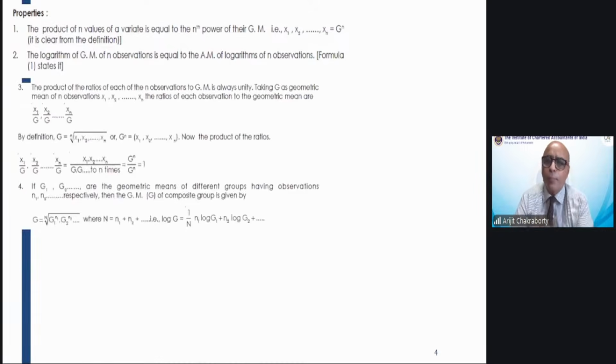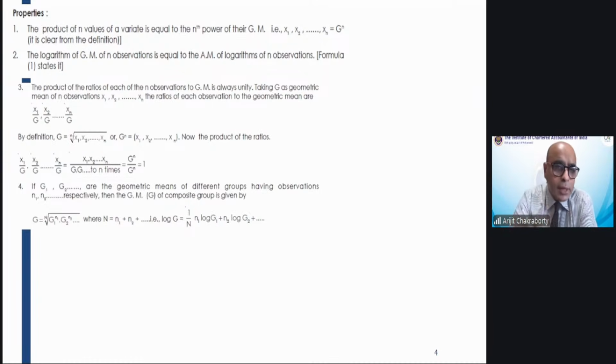Looking at the properties, geometric mean is the nth root of the product of the different numbers whose geometric mean we are trying to find out. Now, one important property: the product of the ratios of the n observations is always unity.